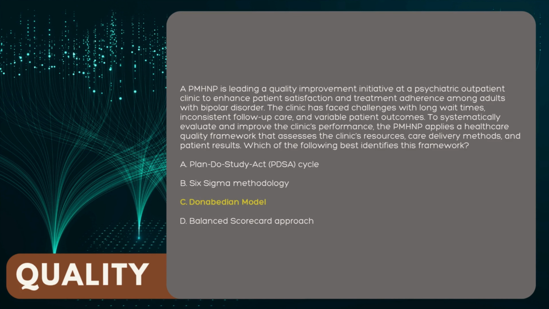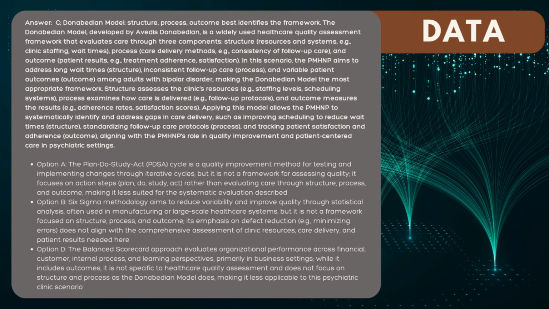So in this case, we're really looking at how the PMHNP's role in advancing healthcare quality within a psychiatric setting is critical to the competency and improvement of patient outcomes. So the PMHNP must select a framework that systematically evaluates and addresses systematic challenges in a psychiatric outpatient clinic serving adults with bipolar disorder. So let's go ahead and analyze the clinic issues here.